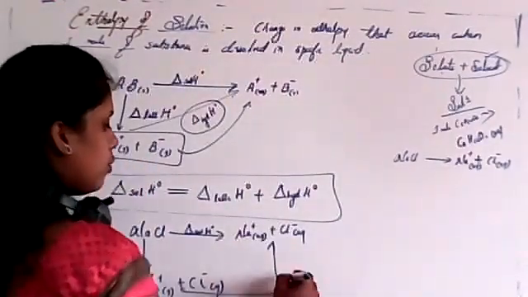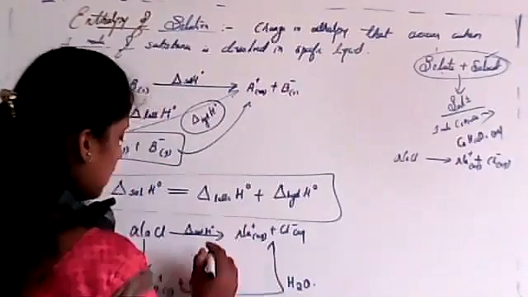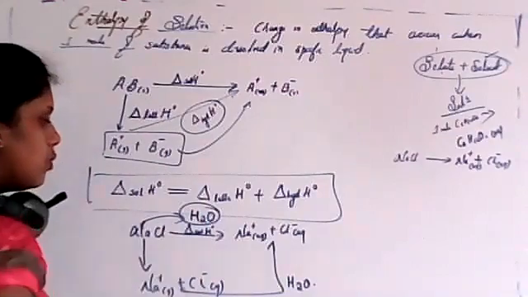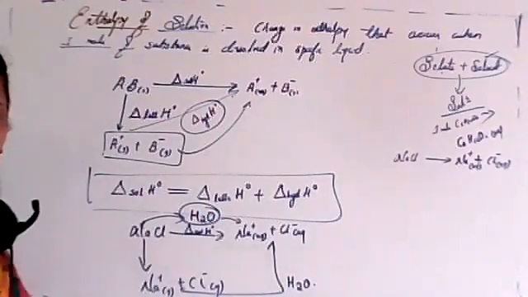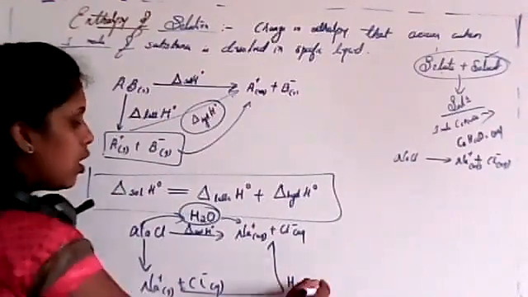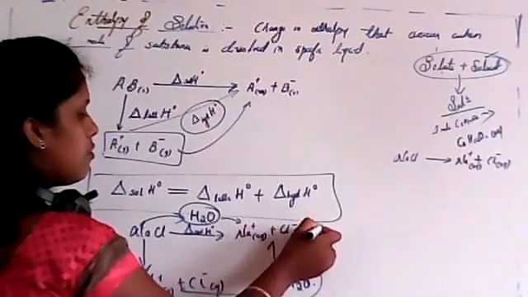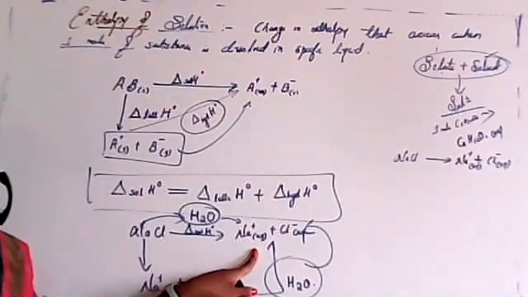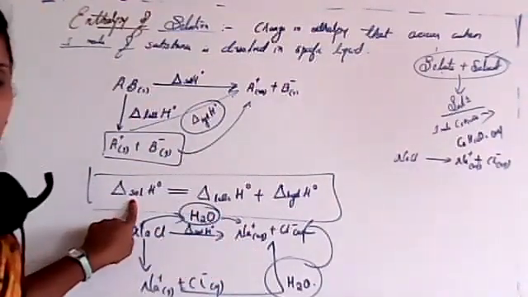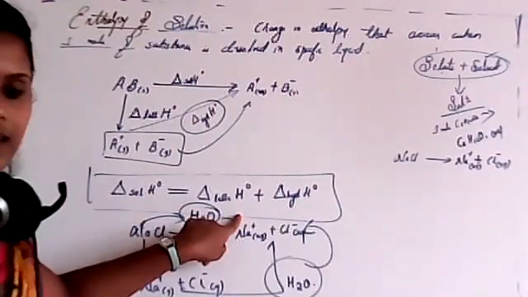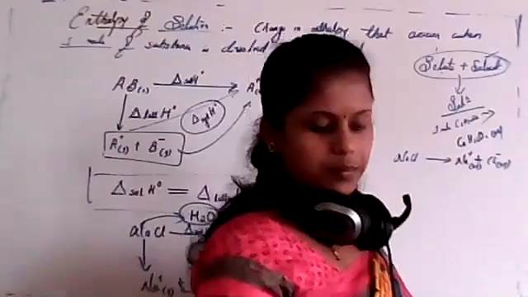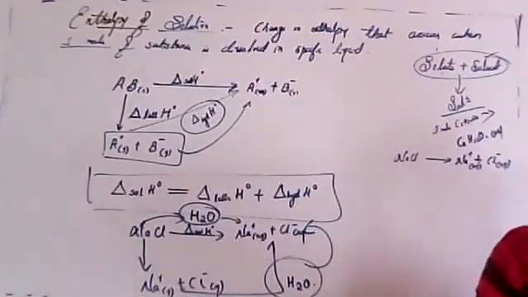In that case, we consider water again. Here initially it is dissolved in water, so that we got this one. But here, initially we converted it to gaseous ions, and further we dissolved in water, so that we can find this one. So remember, enthalpy of solution is always equal to lattice enthalpy plus hydration enthalpy. Is this clear, students?